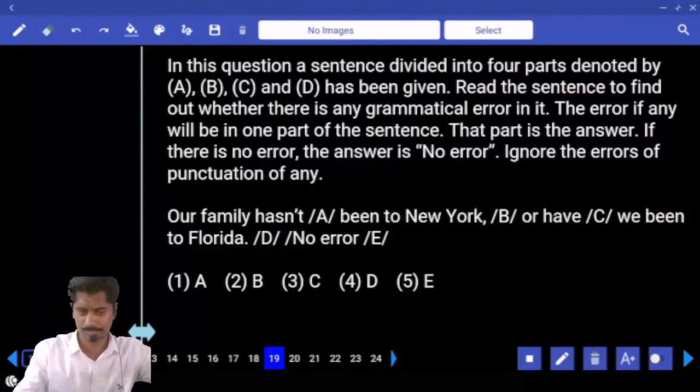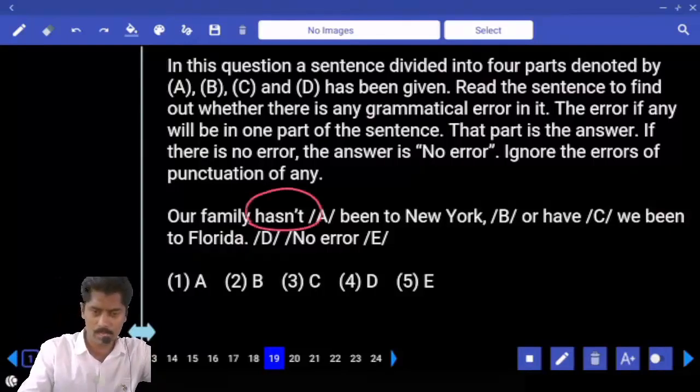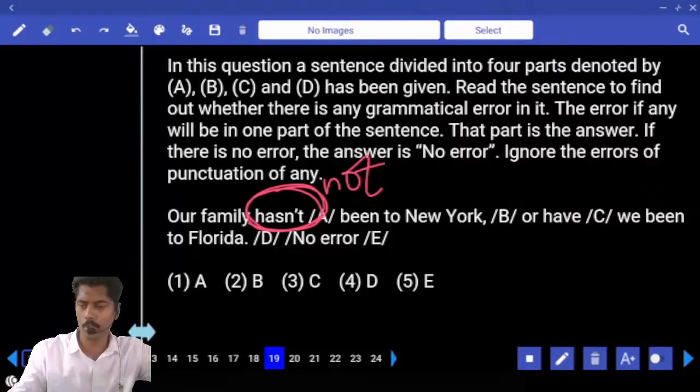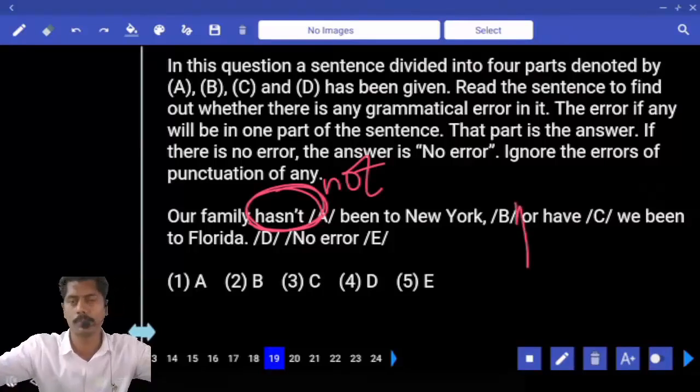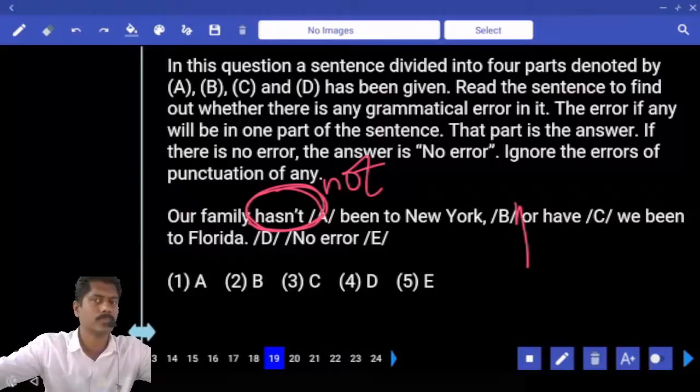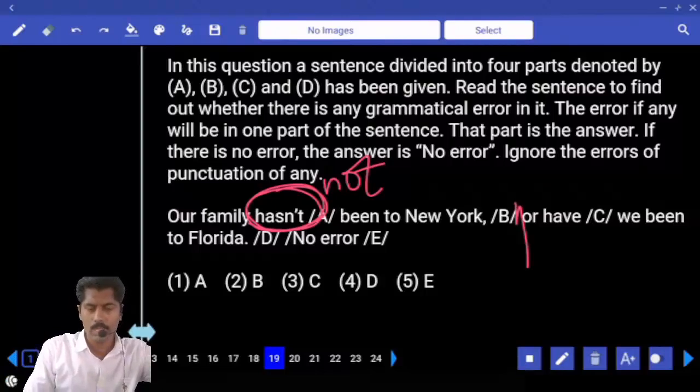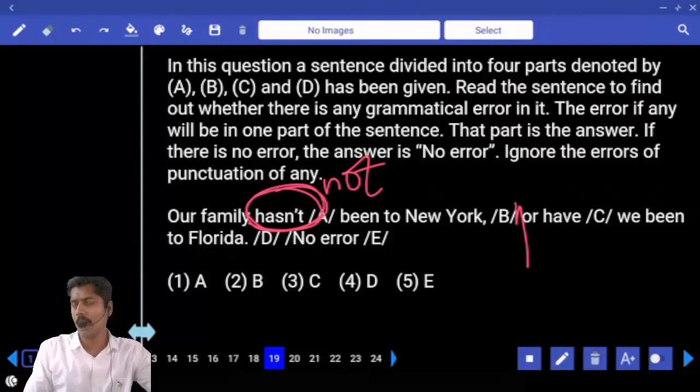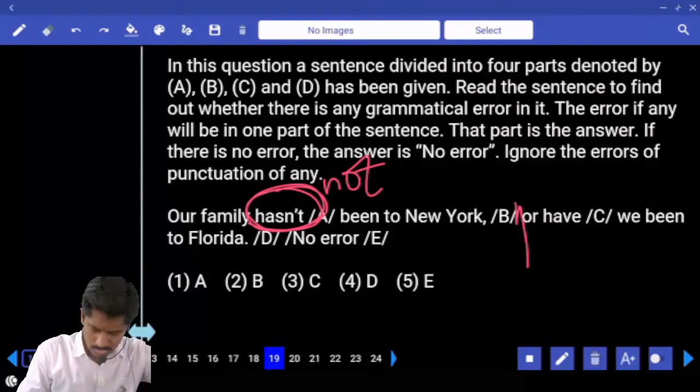Answer. Why? Our family has not. Negative. After not, if you want to continue, you need to use nor. Nor have we been to Florida. I haven't eaten food, nor have I drunk something.